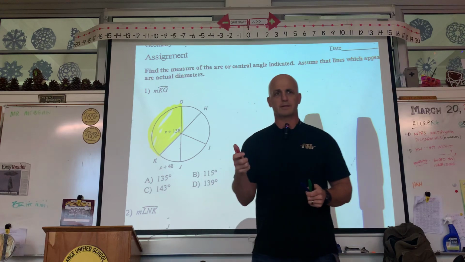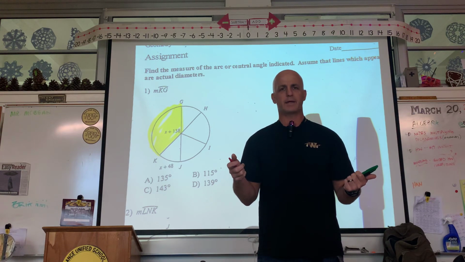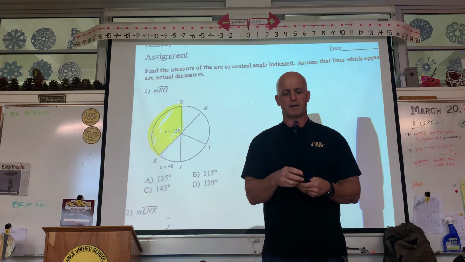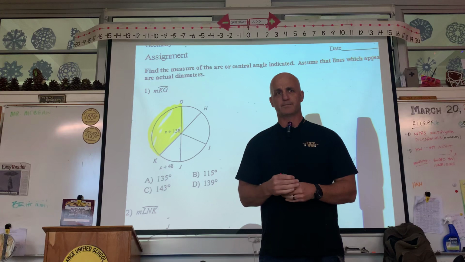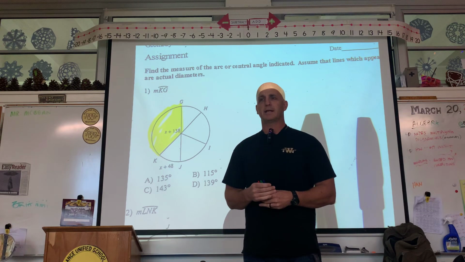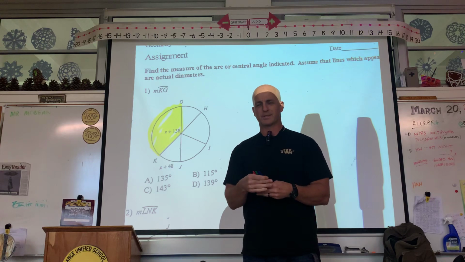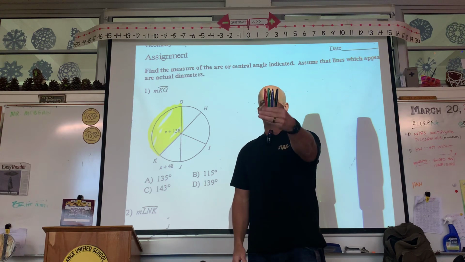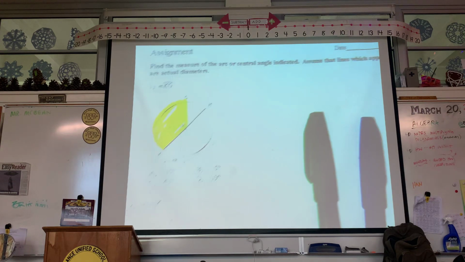So what do we know here? We have to find this. We've got x plus 138, we've got x plus 48. One thing I see is if I want to solve for x here, I know that this is half of a circle, and that's 180 degrees.